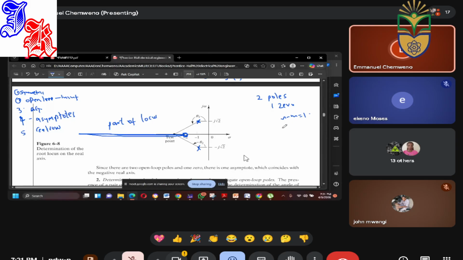So we only have one asymptote, which is (2k plus 1) times 180 over n minus m. n minus m is equal to 1, so when k is equal to 0, the asymptote is equal to 180 degrees. So there's only one branch going to infinity.